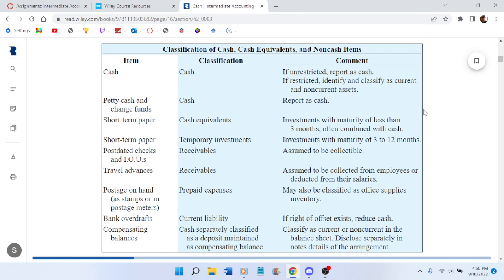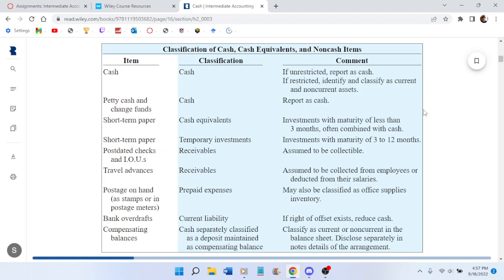Short-term paper. What does that even mean? What does short-term paper mean? Classify it as a cash equivalent. Investments.